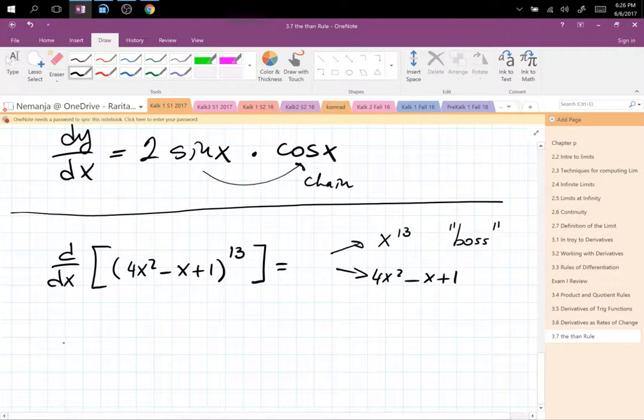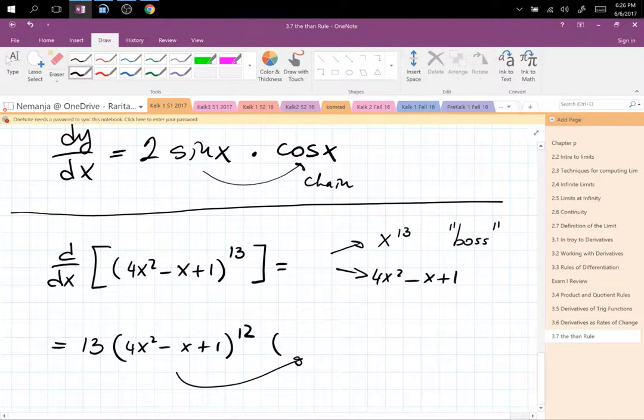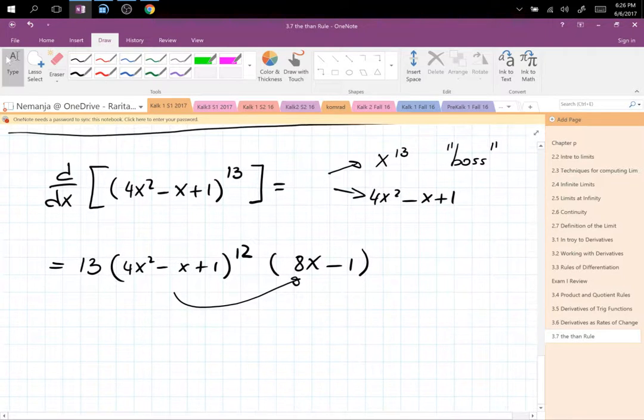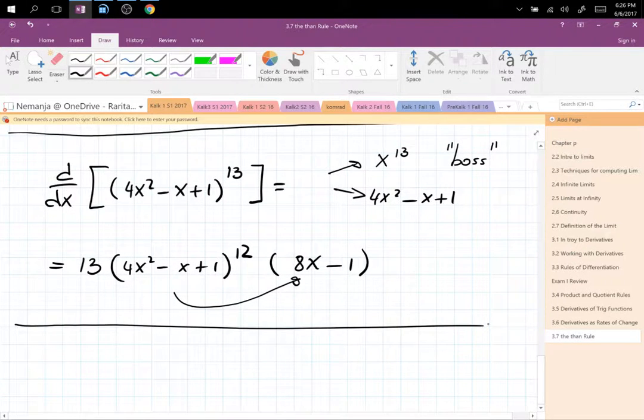So what is the derivative? The derivative is 13 times 4x squared minus x plus 1 to the 12th, times the derivative of the inside, which is 8x minus 1. So maybe this example would give a better picture of what's going on.